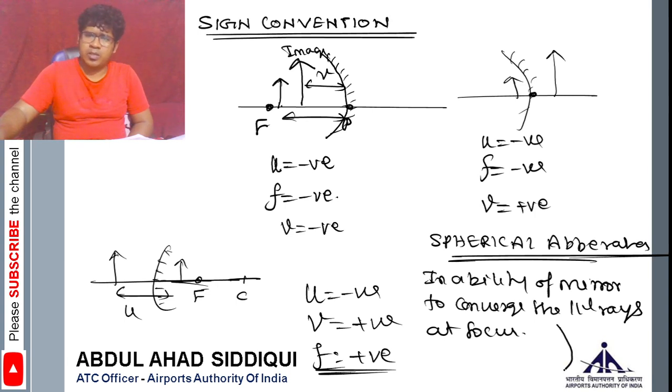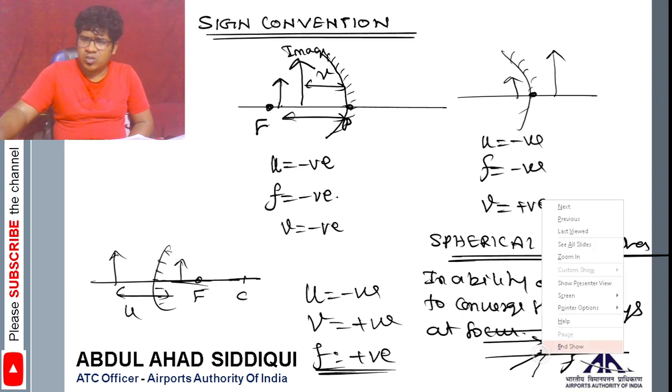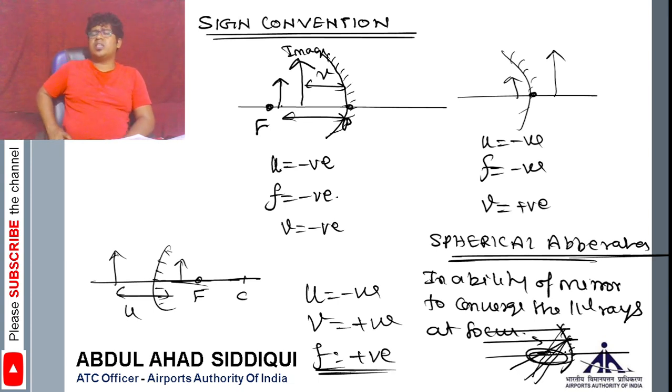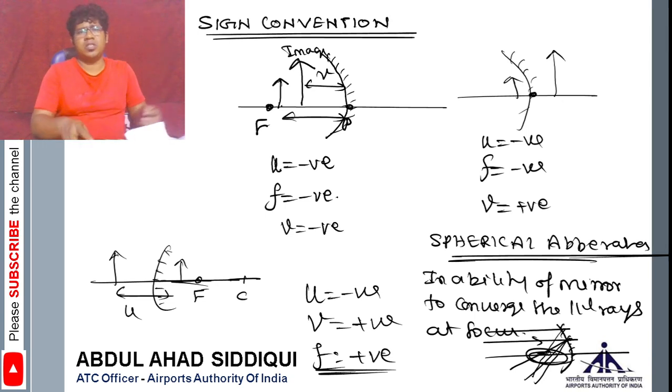Let's say you have this mirror, and the light rays are coming here. This one is focusing here, but another ray coming here is focusing here. So it is not able to focus at only one point, meaning there is some defect. This error is known as spherical aberration. Now your challenge is to find the ways to remove this spherical aberration in mirrors. Just find it, remember it and note it. Remember this well. So spherical aberration is the important thing.